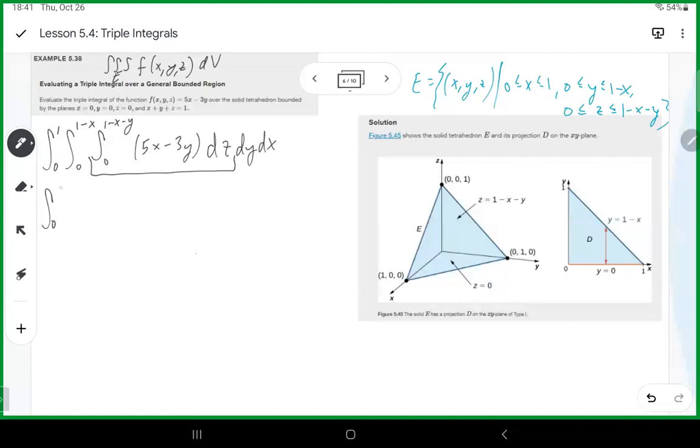We have 0 to 1 minus x minus y of 5x minus 3y dz. So basically you're going to have 5x minus 3y times 1 minus x minus y. So then now you're moving on to the y portion.